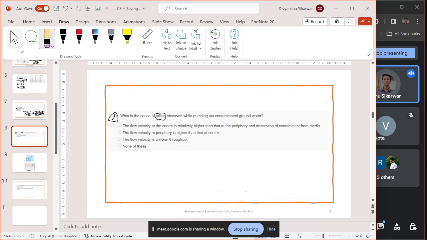In week 3, basically, we discussed different methods to remediate contaminated sites. Before that, we were discussing risk assessment, how to calculate how much risk a particular contaminated site poses. If the site is posing a significant risk, we will think of remediating the contaminants.